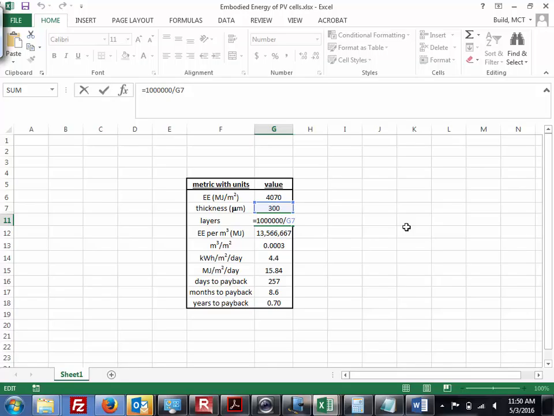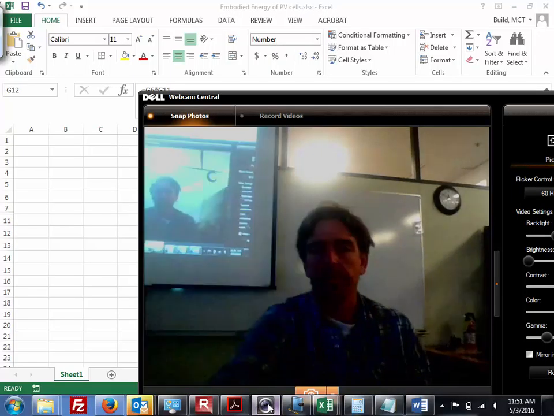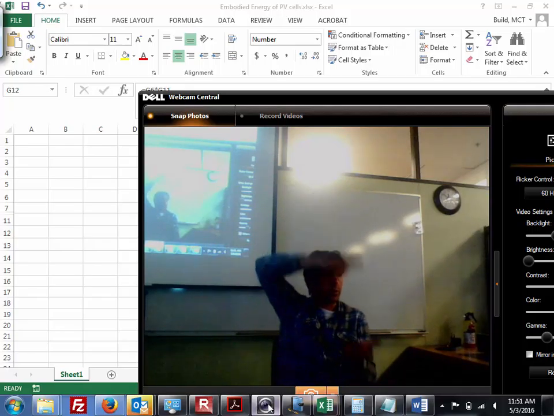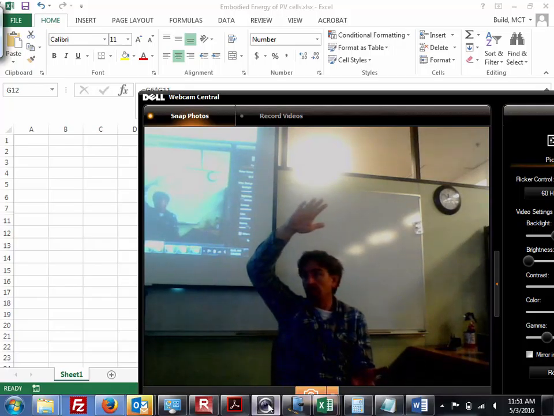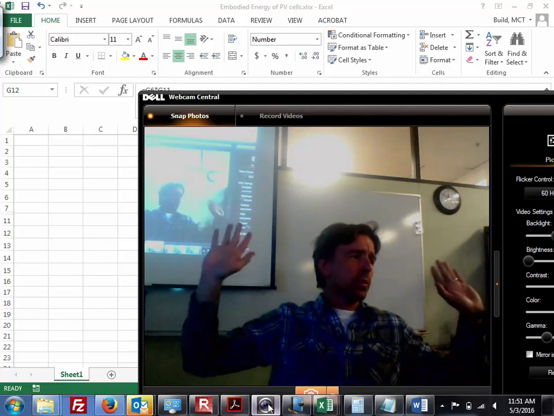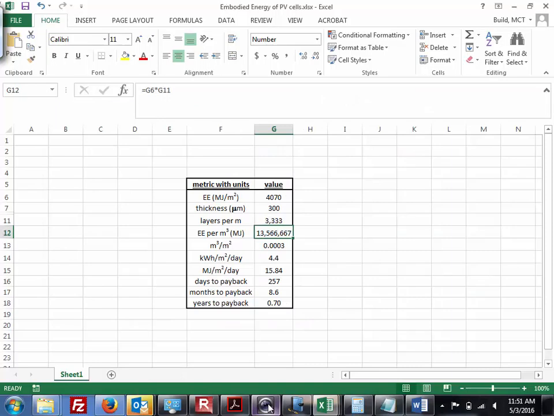So if the layers were 1 micron thick, there'd be 1 million of them. But they're 300 microns thick, so there are 3,300. So if you've got a meter here, you could have 3,300 little solar cells between your hands. Seems like a lot, but that's the reality. Maybe it's a little more, maybe a little bit less, but you can play with the numbers.